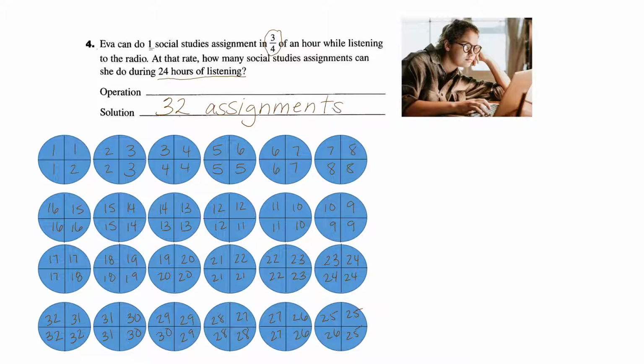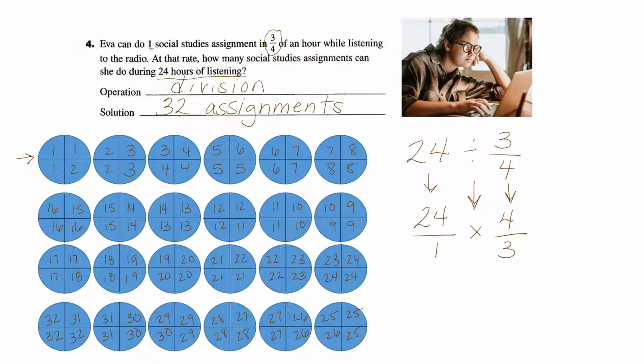The operation that we use to solve this would be division, because each hour we divided into fourths, and then we partitioned it out into 3/4. So we did 24 divided by 3/4. So we keep, change, flip.